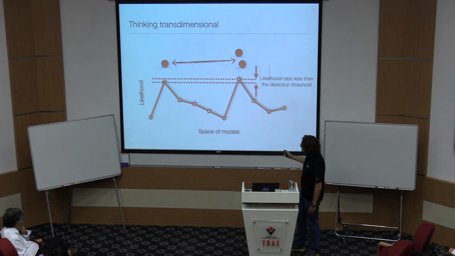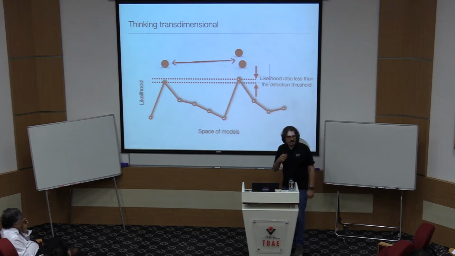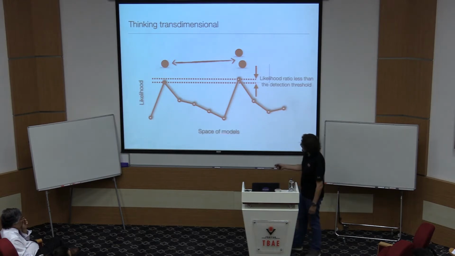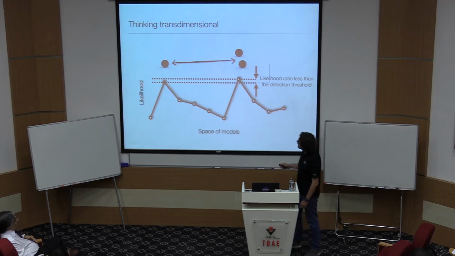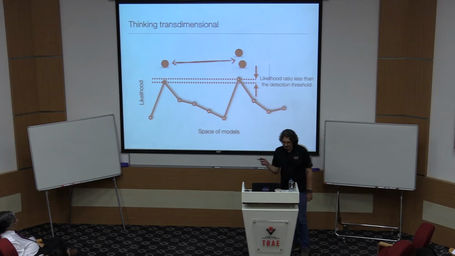But just schematically, what's happening is, if you were to enumerate all the models that you could think of that I was just showing on the previous slide, on the x-axis, and on the y-axis, you plot the likelihood, then there will be many configurations in which the likelihood will be very comparable between different models.